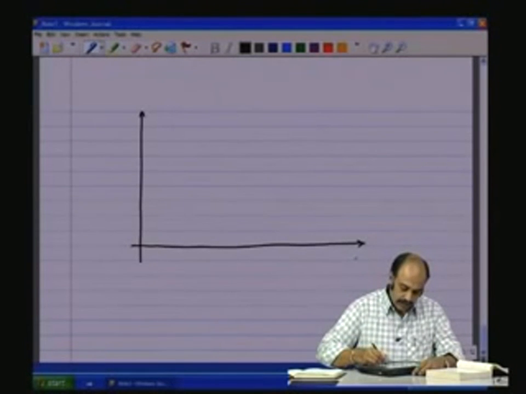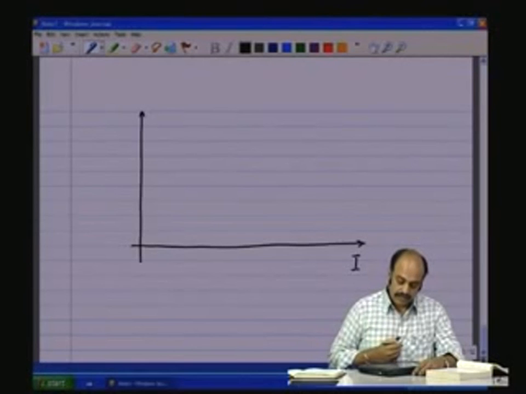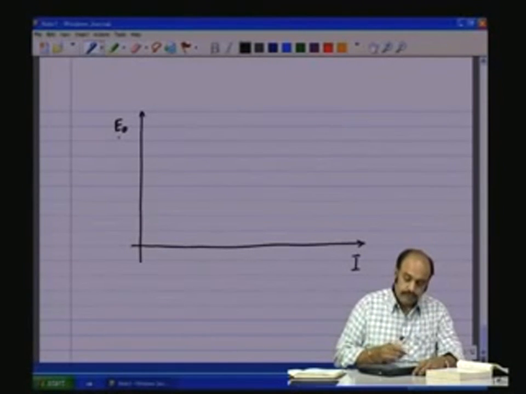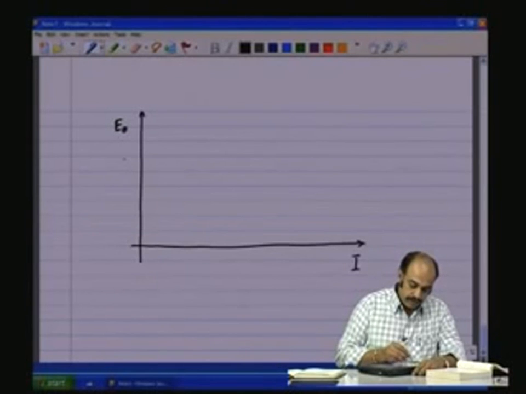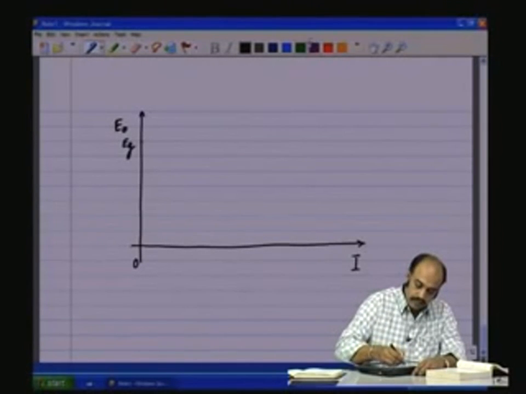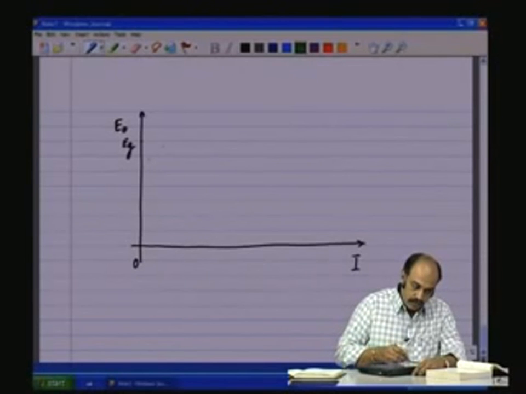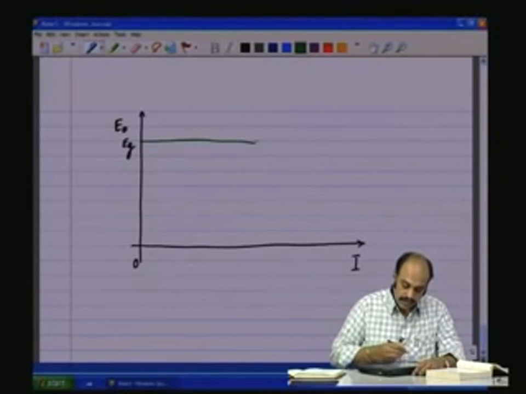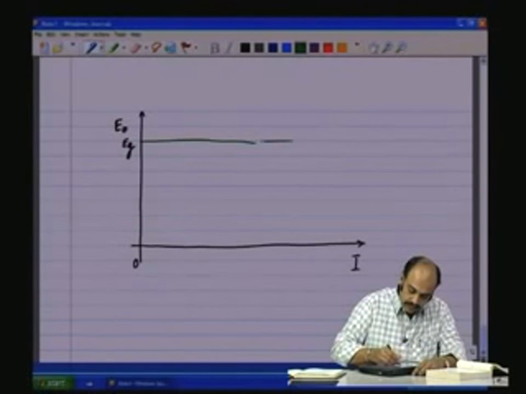So, if we look at a comparative graph of E naught versus the load current for different types of excitations, at 0 load we have, let us say, Eg. In the case of a compound, you will see more or less a constant voltage as the load varies.